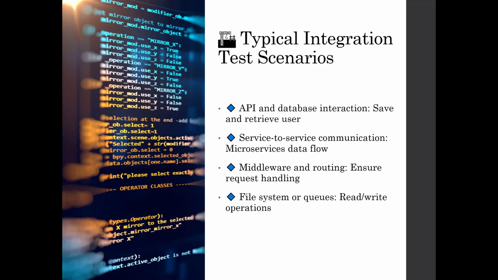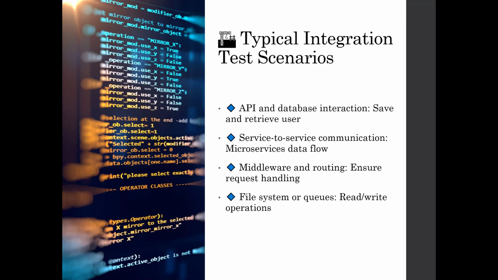Service to service communication. If your application is using microservices to exchange data, then you can check that that is actually happening properly and the data is going where it needs to go. If it's being processed and returned, you can check the response.